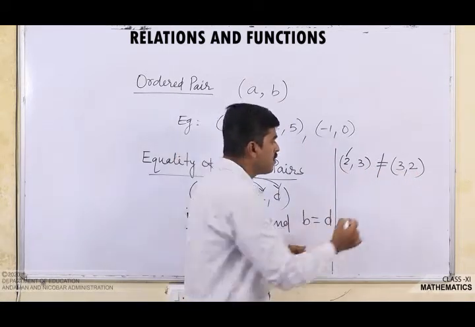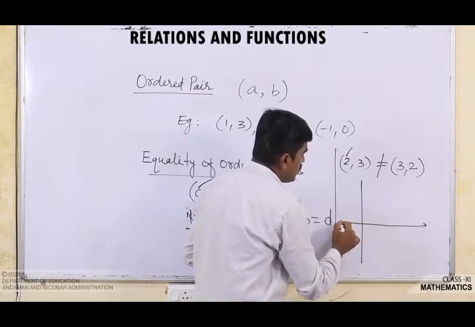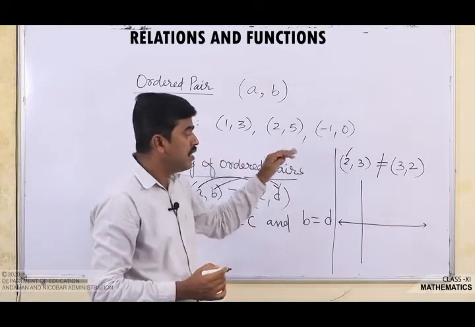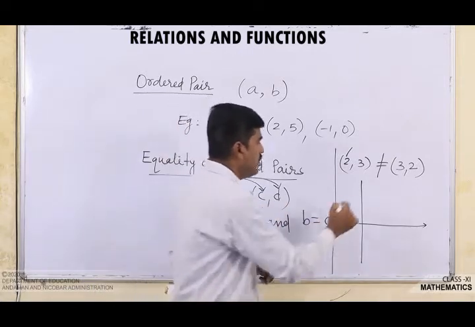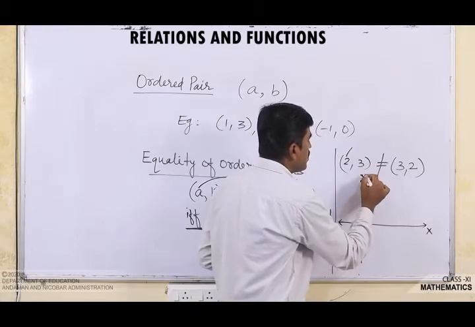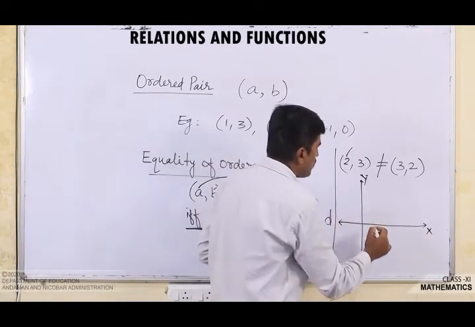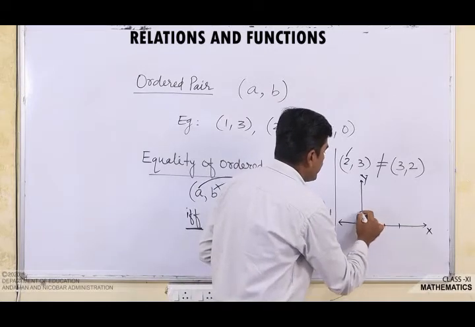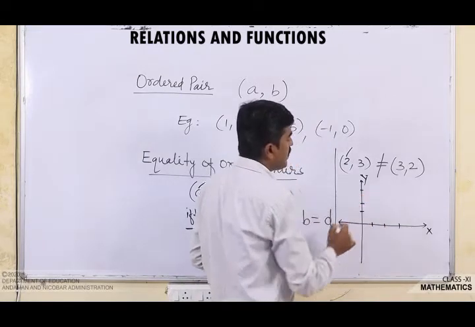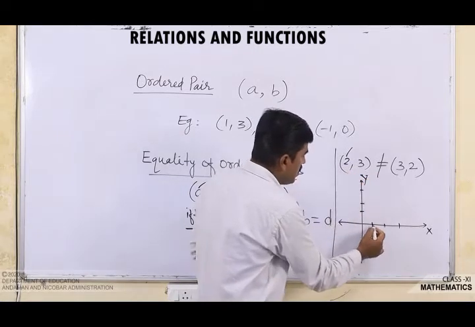If we represent these two ordered pairs in the Cartesian plane, in the xy plane, definitely we are going to get two different points. Where is 2 comma 3?